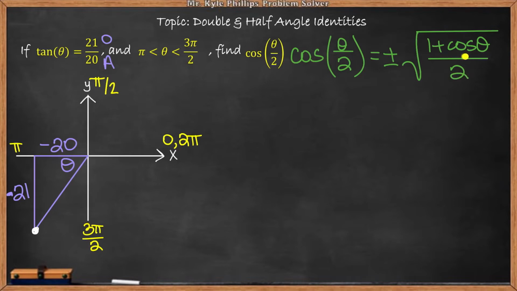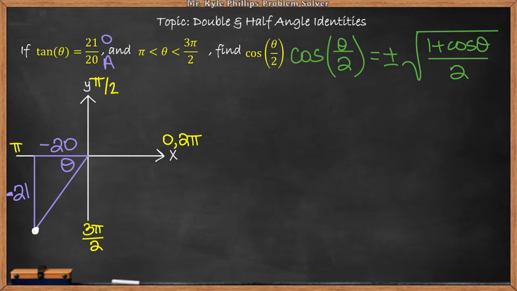I need the ratio for cosine theta in order to answer this question. I can't use cosine until I know what the hypotenuse is, because cosine requires the adjacent leg and the hypotenuse. I have the adjacent, I do not have the hypotenuse, so I'm going to need to find that.